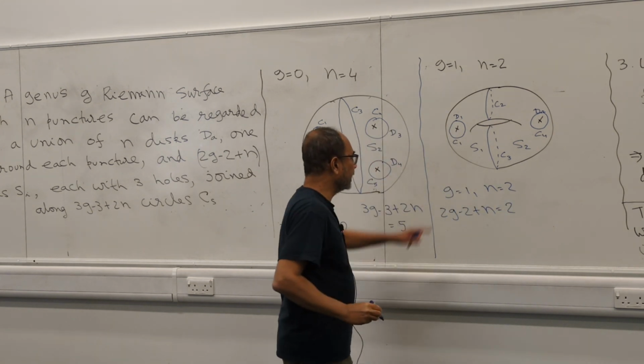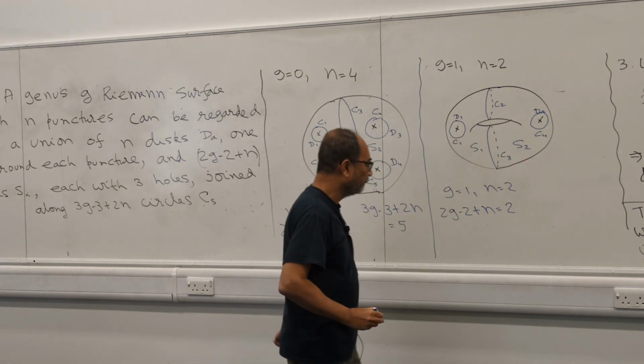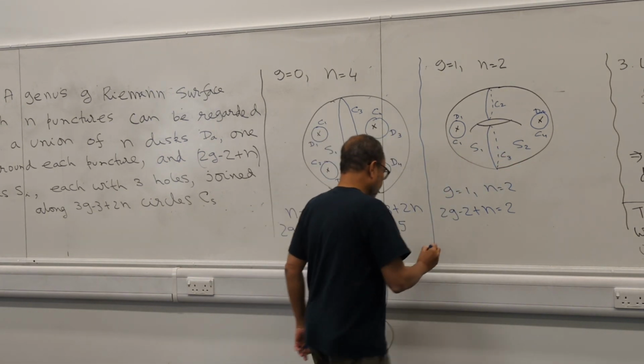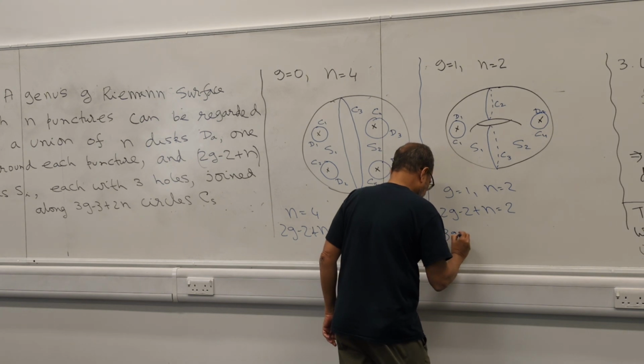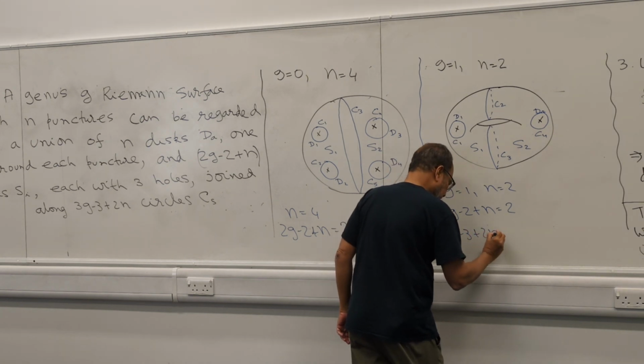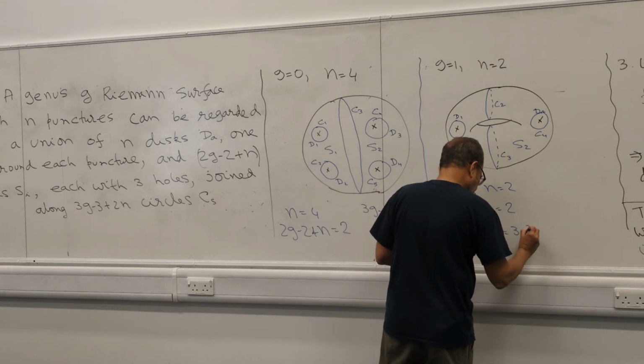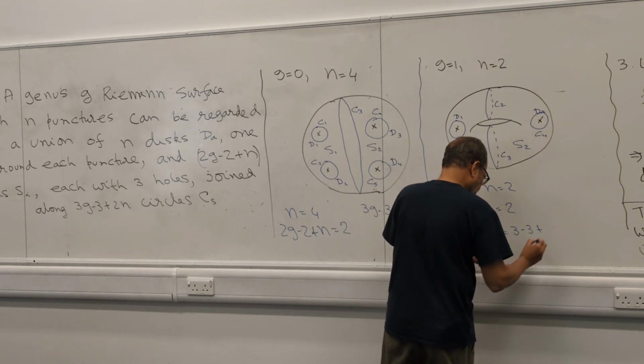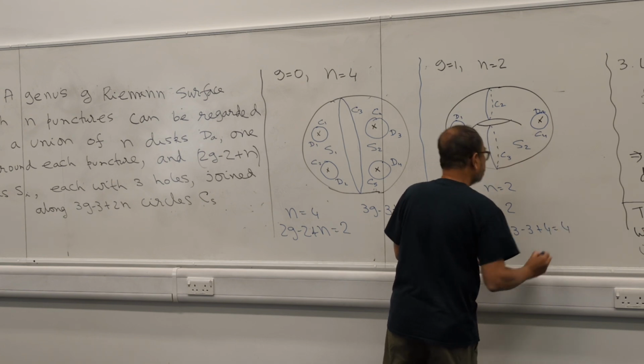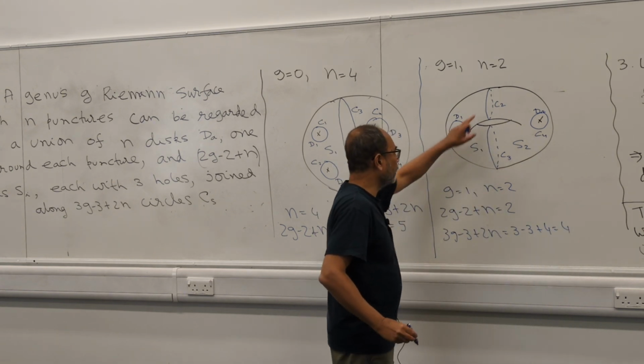So we needed 2 spheres, and indeed we have 2 spheres, S1 and S2. And the number of circles, 3G minus 3 plus 2N, that's 3 minus 3 plus 4. So this is 4. And indeed we have 4 circles, 1, 2, 3, 4.